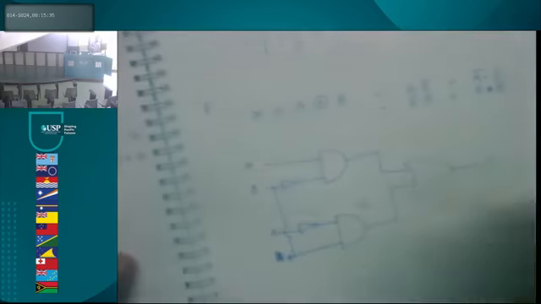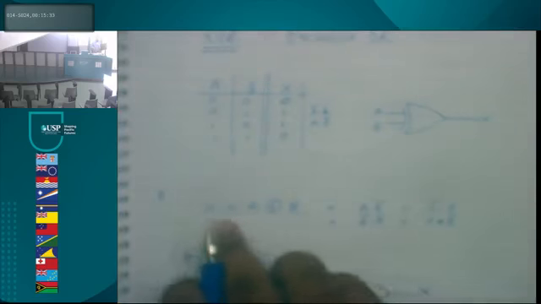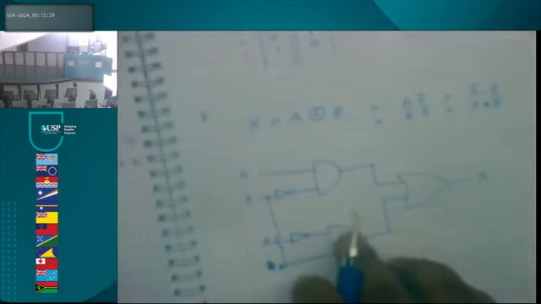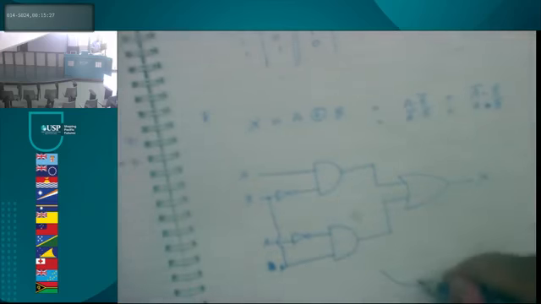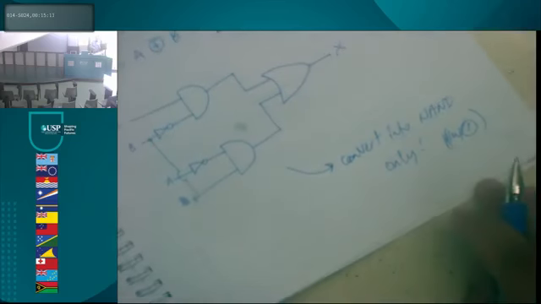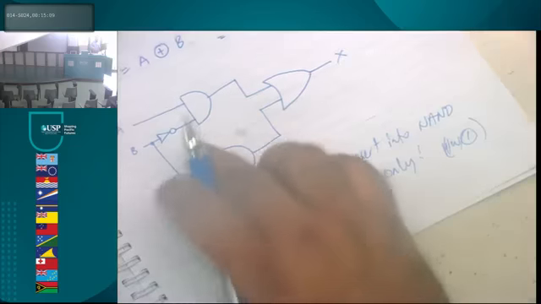That formula. But we've got to convert this circuit into NAND only as part of homework 1. The one which we just did at the beginning of the lecture.